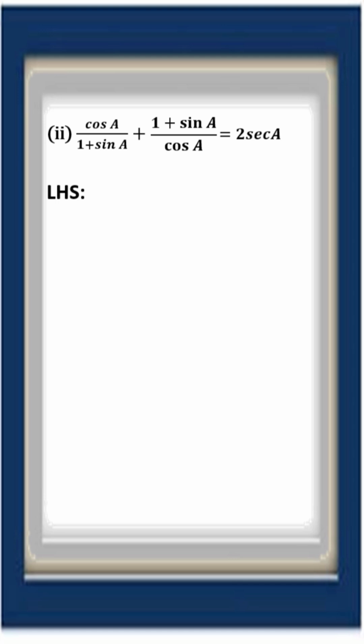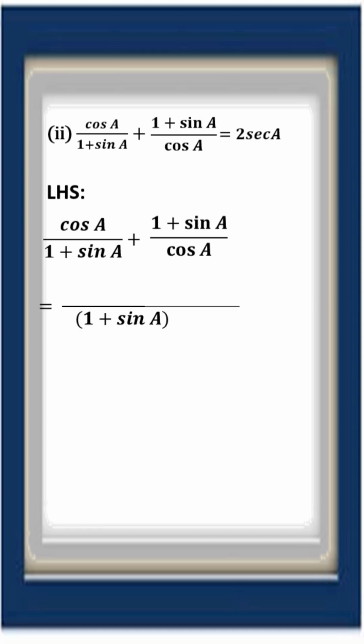So the LHS is cos A upon 1 plus sin A plus 1 plus sin A upon cos A. Now let us take the LCM, that is 1 plus sin A into cos A. In the numerator we have to multiply both numerator and denominator with cos A here, and with 1 plus sin A here.